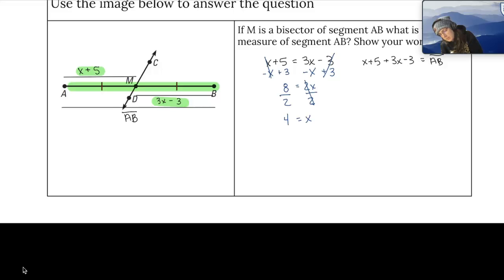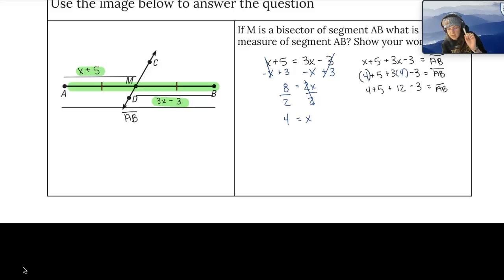We substitute in our 4's: 4 plus 5 plus 12, because 3 times 4 is 12, minus 3 is equal to line segment AB.